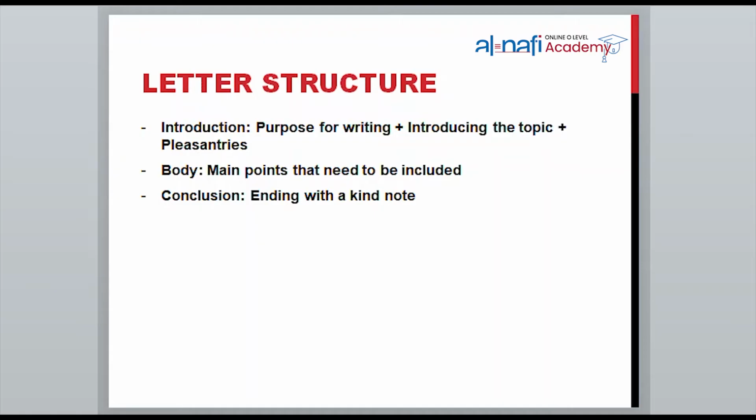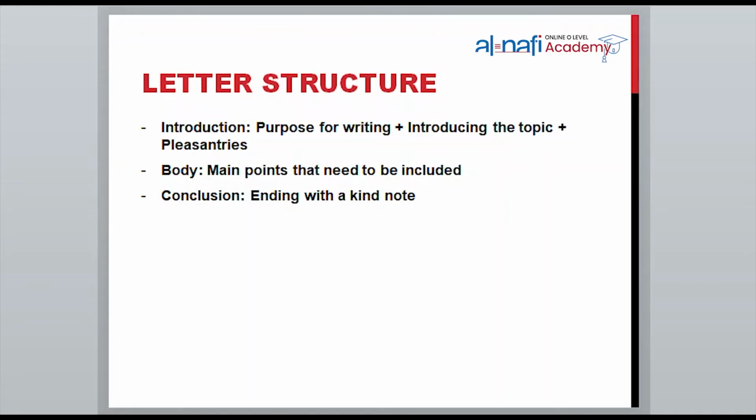Then you move on to the body after you're done with the introduction, and the body includes the main points of the topic. You can have 4 to 5 points that you want to expound on during the letter, and you will write them as part of the body, and you will explain them diligently while giving examples if that's required.